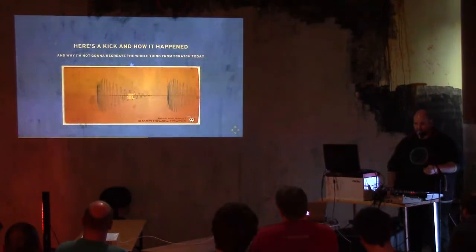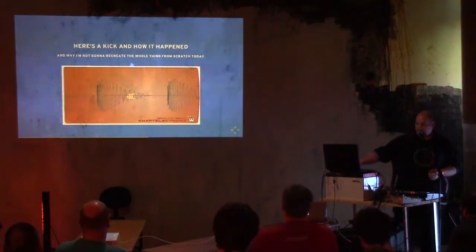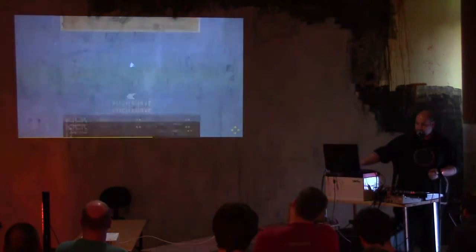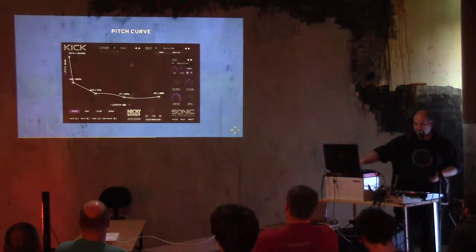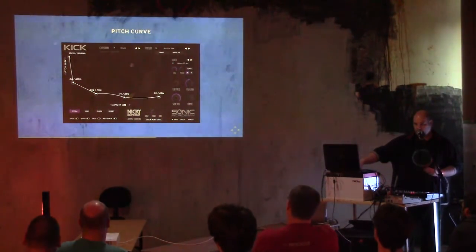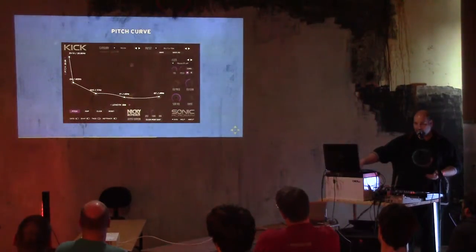And then on top of that, a click, which is the attack for the kick. And what I found out was that this kind of pitch curve sounded a lot like the sampled kick. So how do you recreate this sort of envelope in 4klang when you only have ADSR controls?